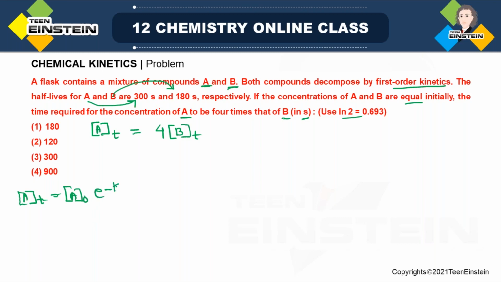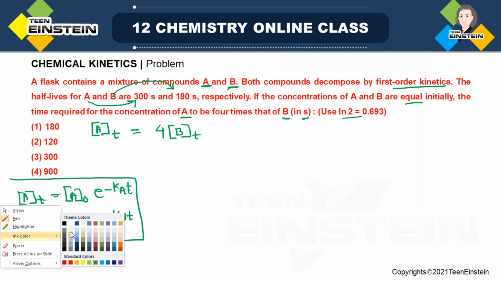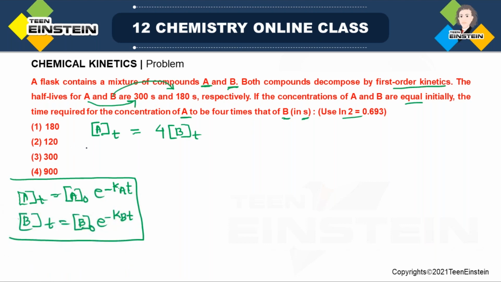This will be the relation, where remember this Ka is the rate constant for the compound A, that is for the decomposition of A. Similarly, concentration of Bt will have the same relationship with the initial concentration of B, but here it will be Kbt. Now these two values, if we put in this equation, then what we will get?